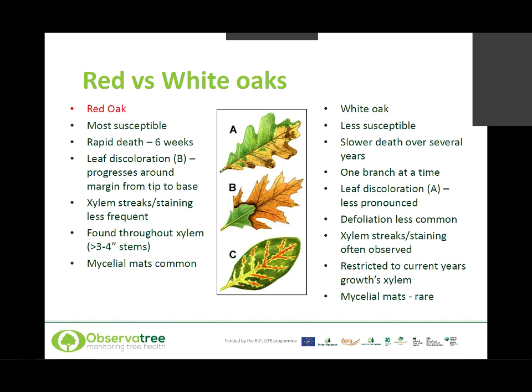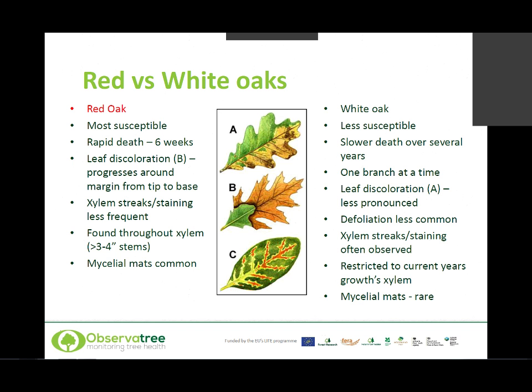And if you look at leaf B, you can see the amount of damage it causes to the leaf. Unfortunately, you don't see quite so much staining in the vascular tissue, but it is a very rapid death of the trees, and this is what's causing most of the damage in North America at the moment, is in red oaks.